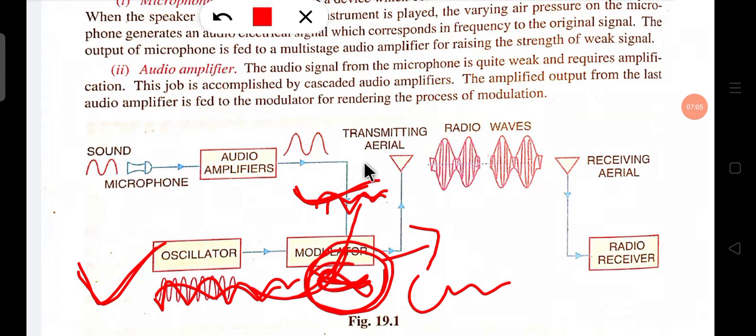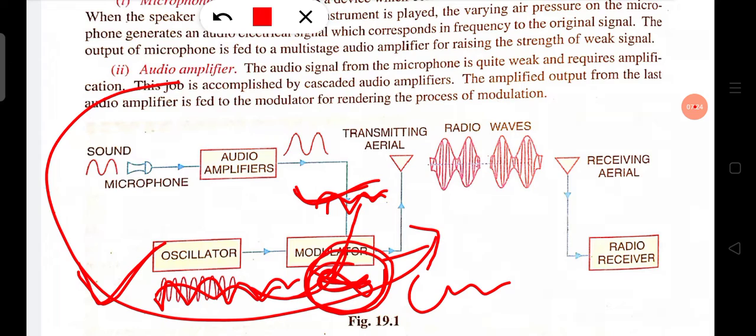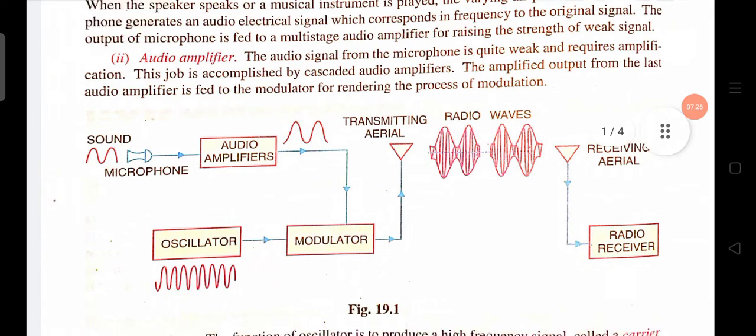The work of the antenna, everyone knows, is transmitting the signal to the space, or to the air, or to the medium, as a radio wave. Now this is all about the transmitter section.